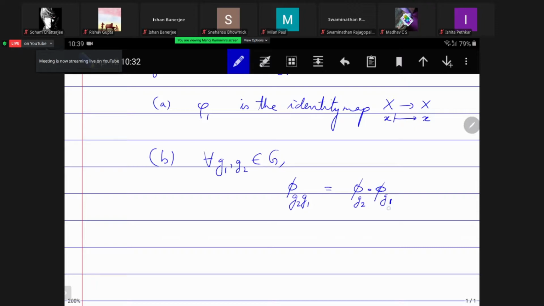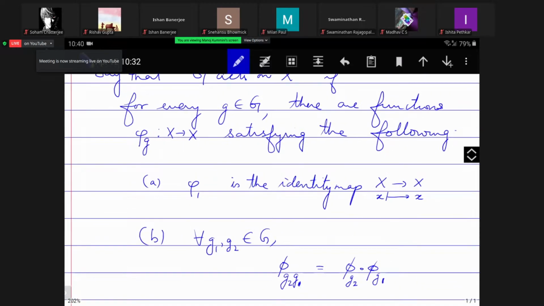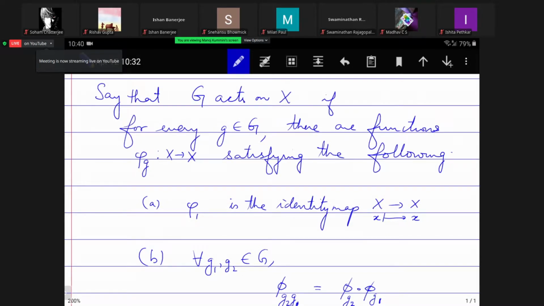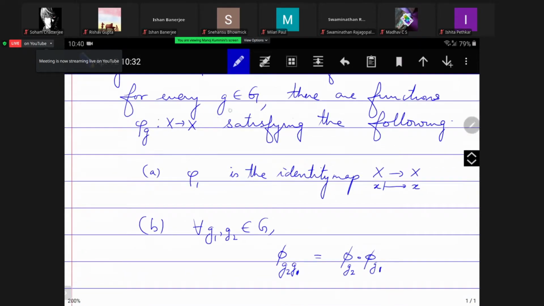So this is, first apply the function corresponding to g1, and then you apply the function corresponding to g2, and the composite is the function corresponding to g2 g1. So remember the order in which it is. Okay. So this is what we mean by saying a group G acts on a set X. So for every g in G, there is a function phi_g, and the entire family together satisfies these conditions.